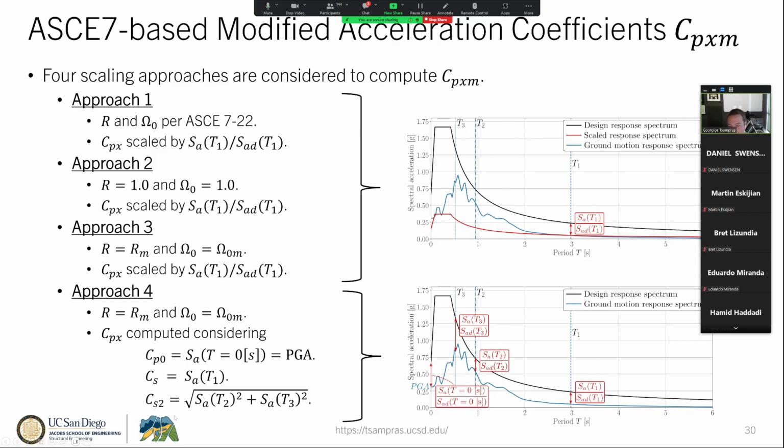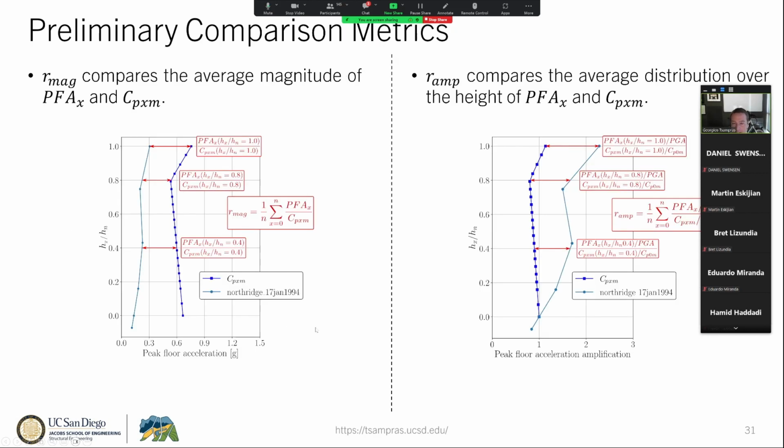So for instance, CS2, which is the acceleration coefficient in our design equations associated with the second and higher mode responses, is computed as the square root of the sum of the squares of the spectral pseudo acceleration at second mode period and the spectral pseudo acceleration at third mode period for that given ground motion we are working with. So having that in mind, we can go ahead and assess different metrics.